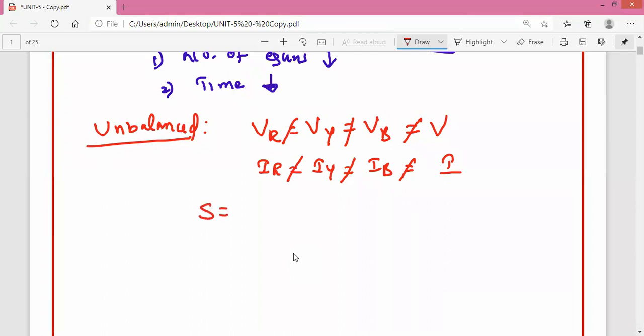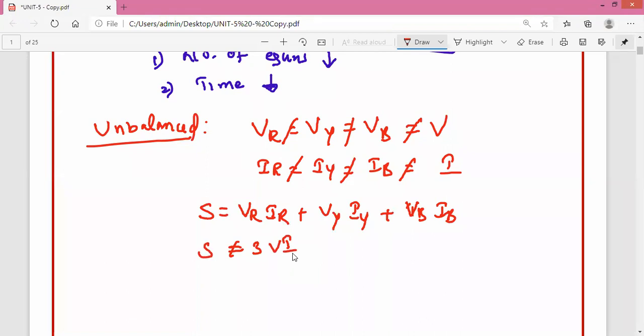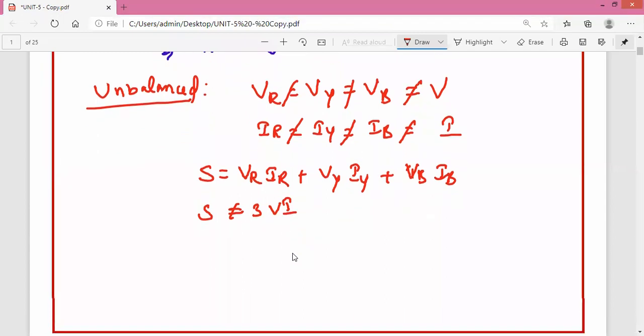So whenever you calculate the complex power, the apparent power, it will be VR into IR plus VY into IY plus VB into IB. Earlier it was equal to 3VI, but it is not 3VI now, because these parameters are not equal and we cannot consider them as V and I. So you need 3 equations to be solved, one for each phase.